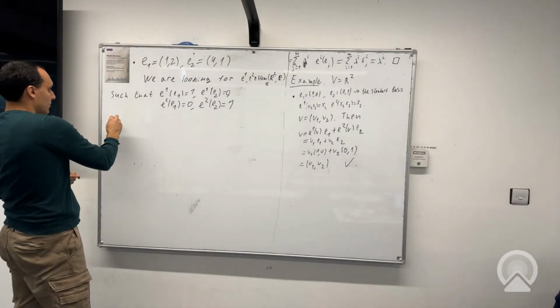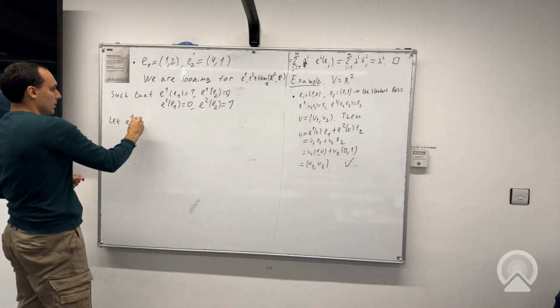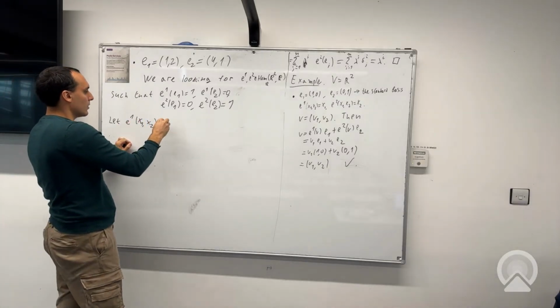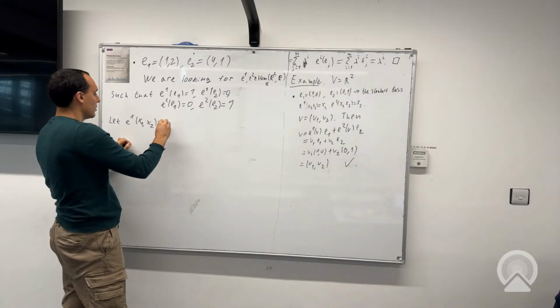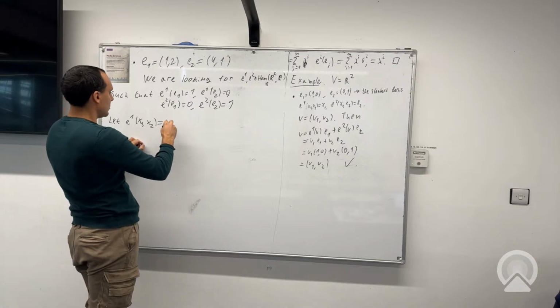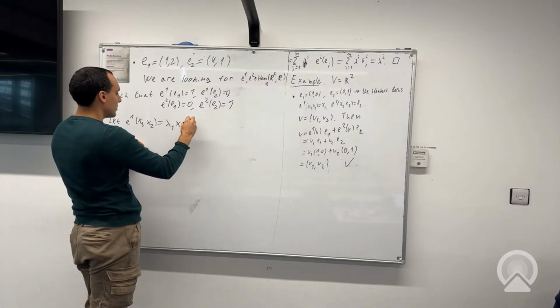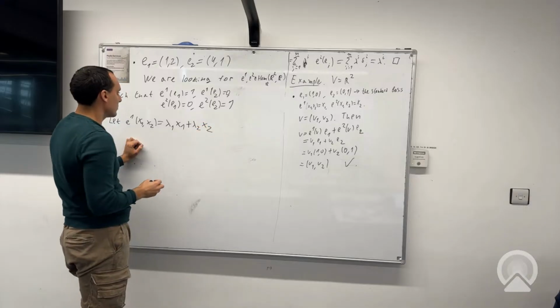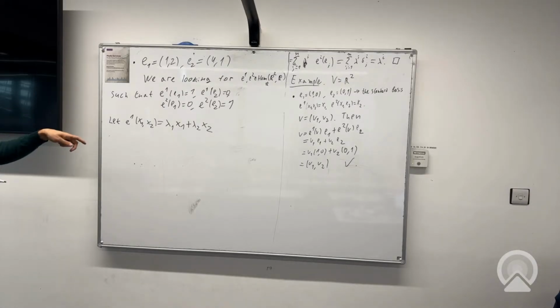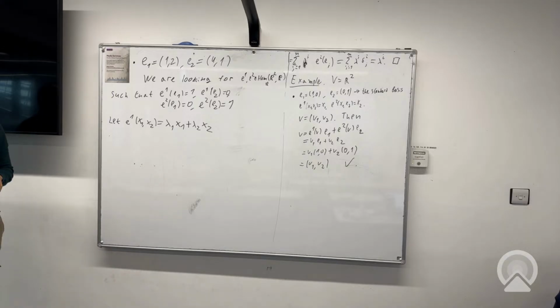So let e^1(x1, x2) equal, I don't know, lambda, I'll just write lower indices, lambda 1 x1 plus lambda 2 x2. Because we are solving a linear system, I will stick with down index. Okay.